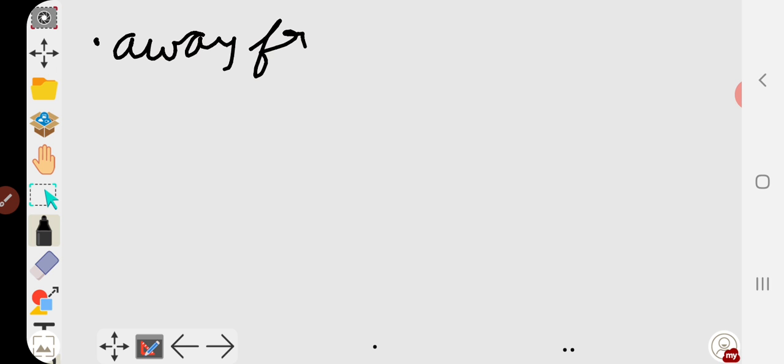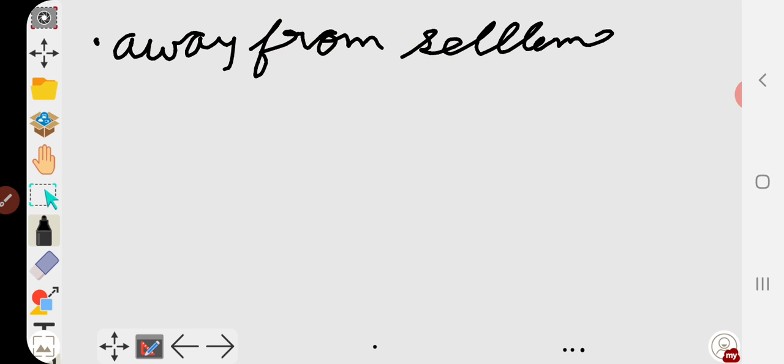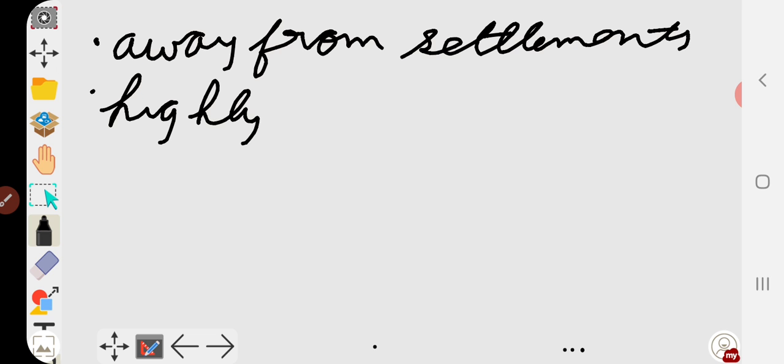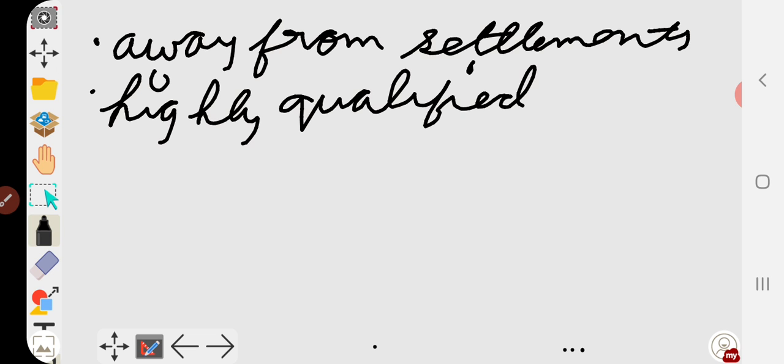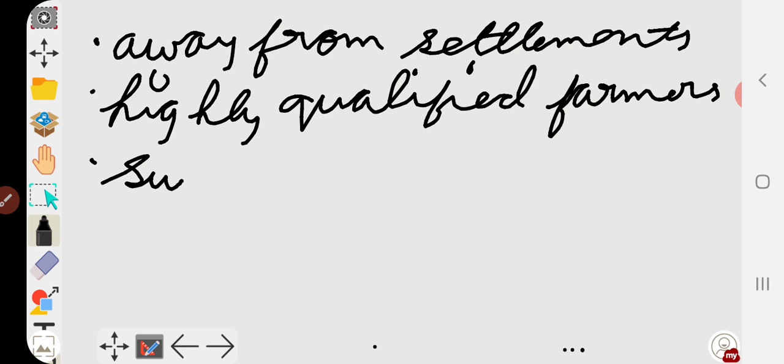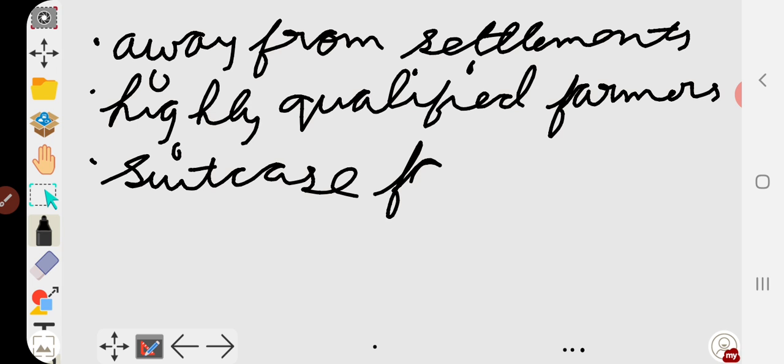It is well knitted from the settlement areas to the farm areas, and highly qualified farmers move to those areas for the cultivation operations. After everything is over, they get the products and come back. That is why it is termed suitcase farming.